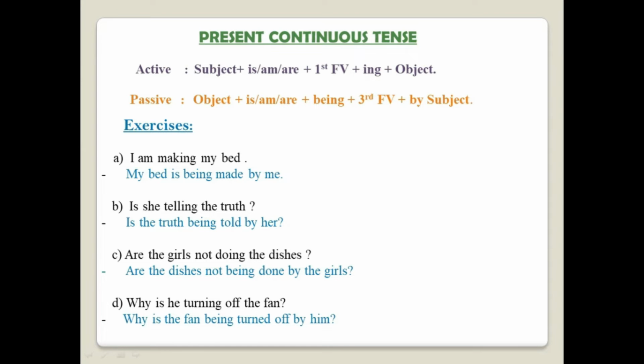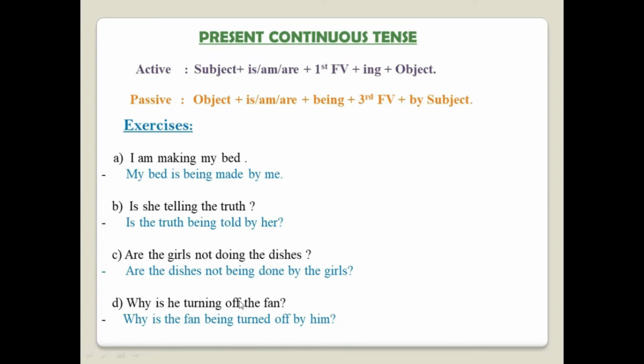Whenever changing active to passive voice, remember that the main verb is always changed to its third form of the verb. Look at the main verbs in A. Making, make will be changed into made, its third form. Tell will be changed to told, third form. Doing will be changed to done, third form.